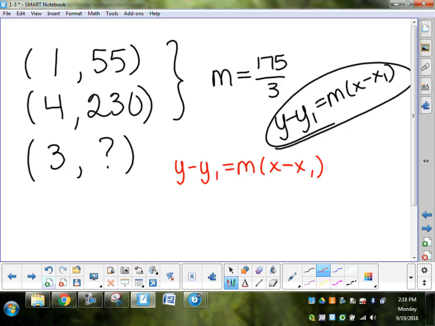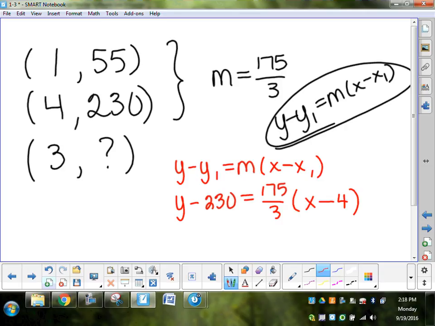So now I'm going to plug that in. Here's my line that models this situation. So let's do the 4 and 230 because you freak out when the numbers get there. So this is 175 over 3, and this would be x minus the x of 1 would be 4. Now, that's the line that models this relationship.